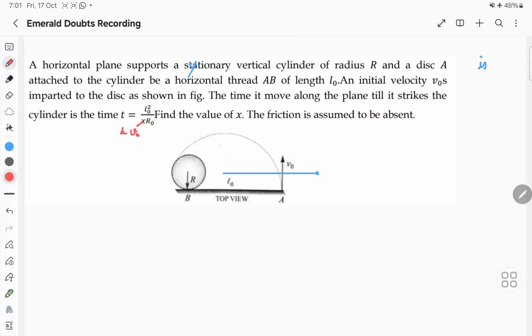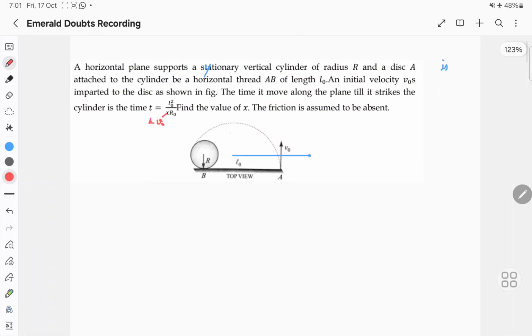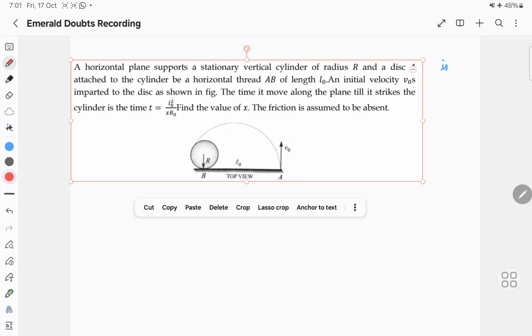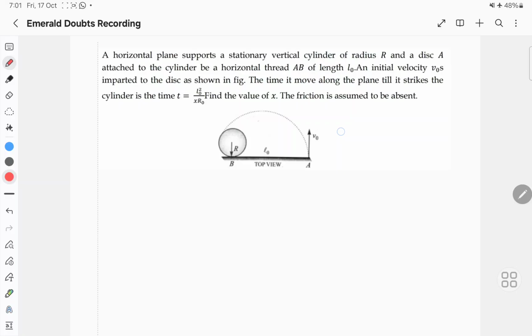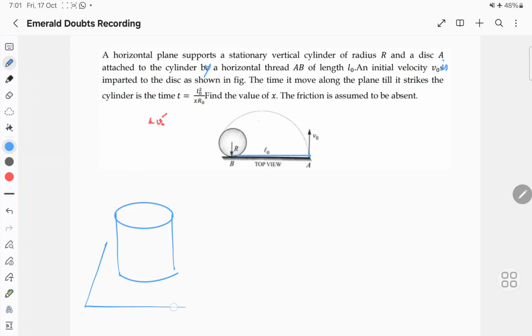Friction is not there. So the first thing is to understand the question fully. If you don't understand the question, you won't be able to do it properly. So there is a cylinder, this is a side view, on a horizontal plane, and this cylinder is called stationary over here, rather I would call it fixed.